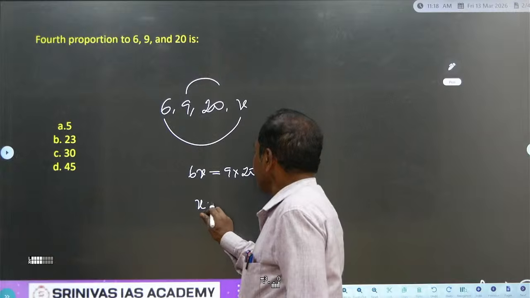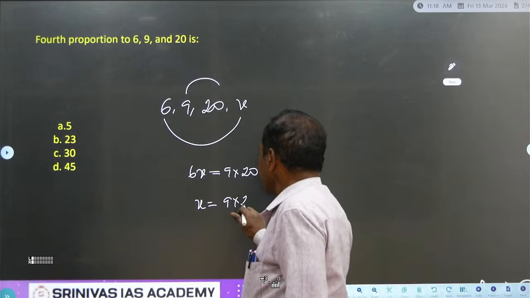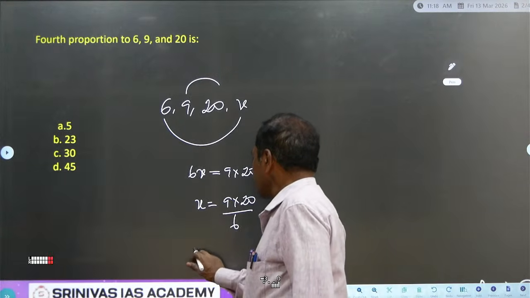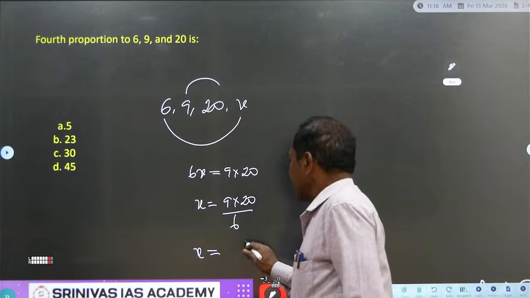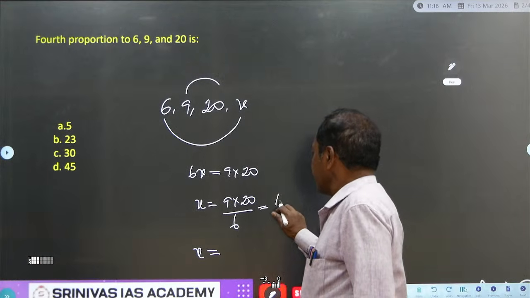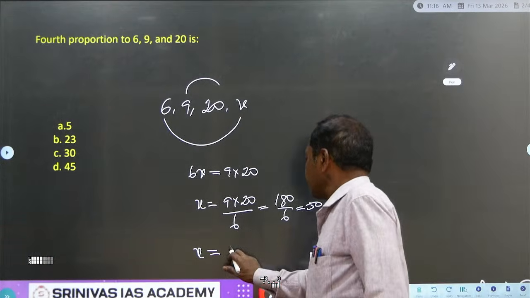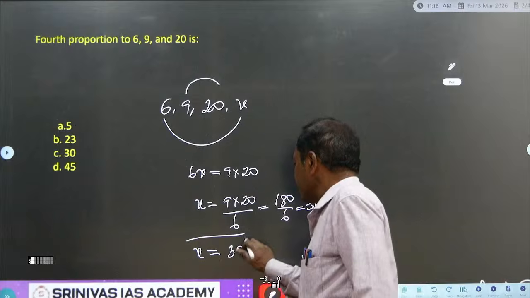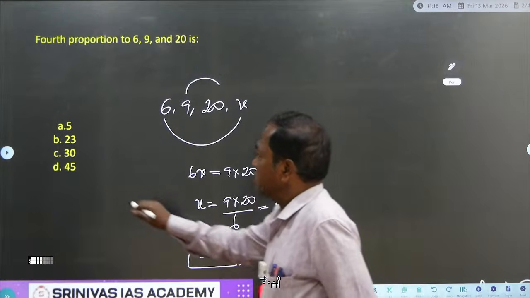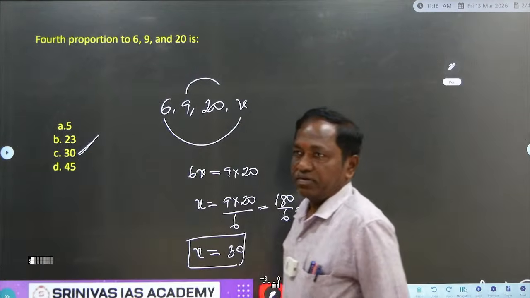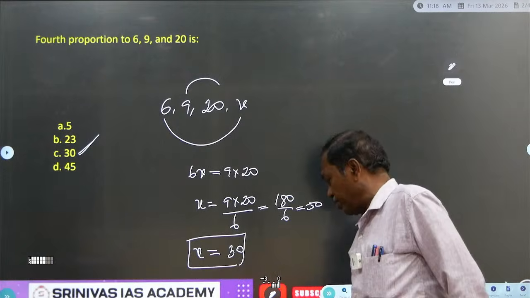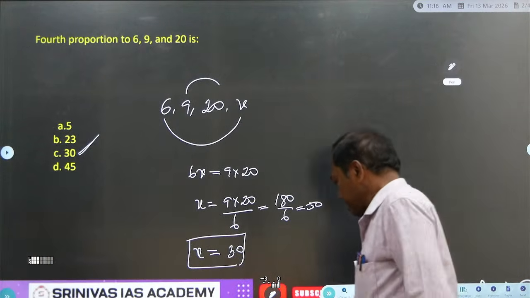And the value is 9 into 20 by 6. So x value is, you can take 180 by 6, so 30. X value is 30. Option C is like that. Three is given, absolutely no problem, isn't it? Right.